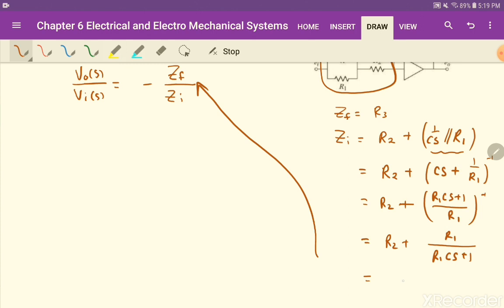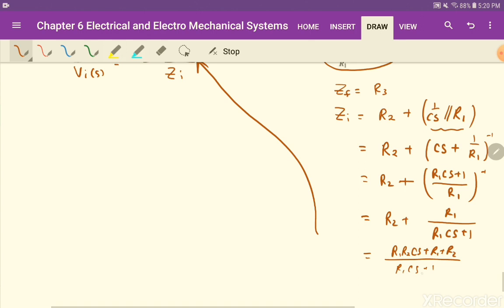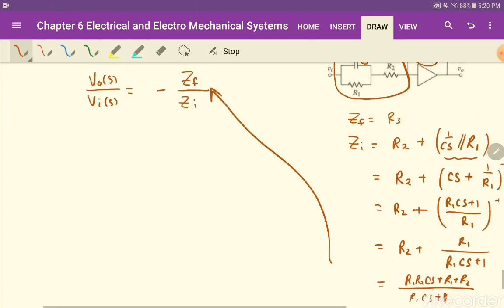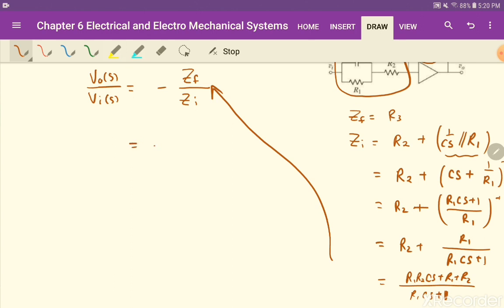So this is R1 R2 C S plus R1 plus R2, divided by R1 C S plus 1. Did you follow that? I just used a common denominator, and I'm going to plug it up there if I can remember all those terms.